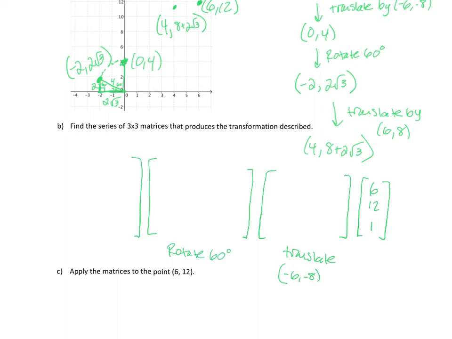Then I'm going to translate back. Okay, so my translate matrix template has 1s on the diagonal, 0s everywhere except here and here. And that's where you put your translation. But I'm going to fill in my templates first.